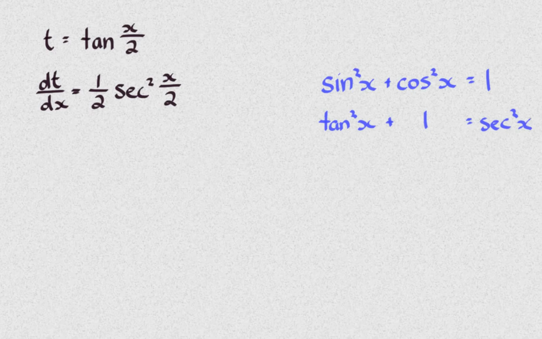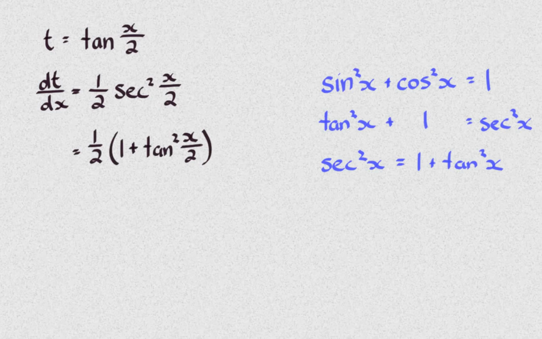And so if we write this in the following way, that means back over here we can replace sec squared with 1 plus tan squared. And so we have the following. But remember, tan of x on 2, well, that's just t. So tan squared of x on 2 is just t squared.